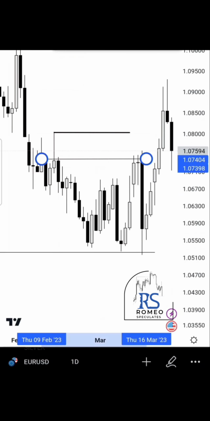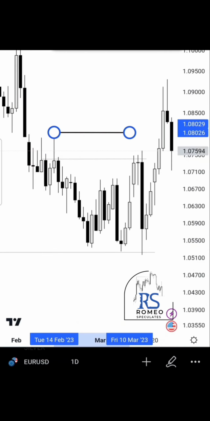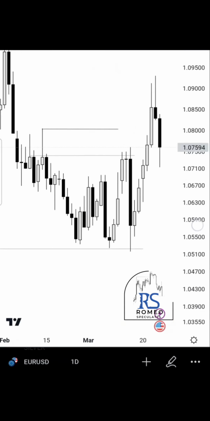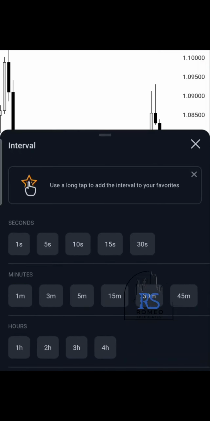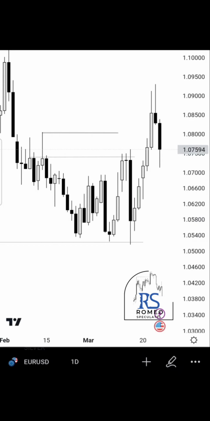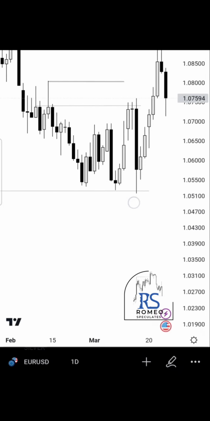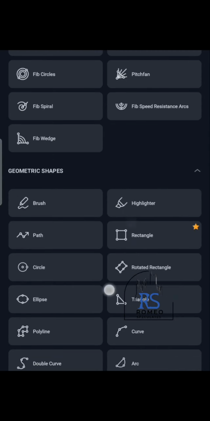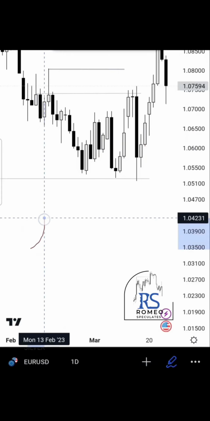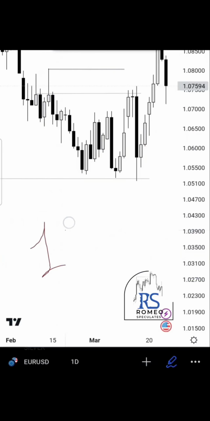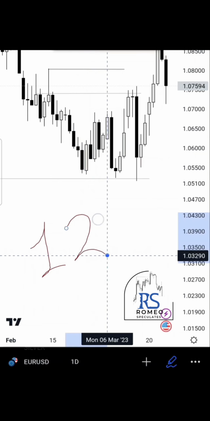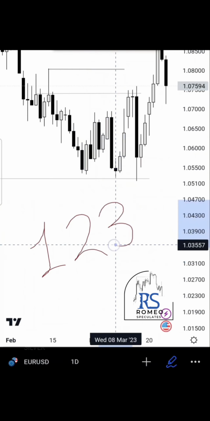Now let's dim these and focus on the candles themselves. So we've seen the monthly, the weekly, and the daily. All right, that's step number 1. You check the monthly, you check the weekly, you check the daily.